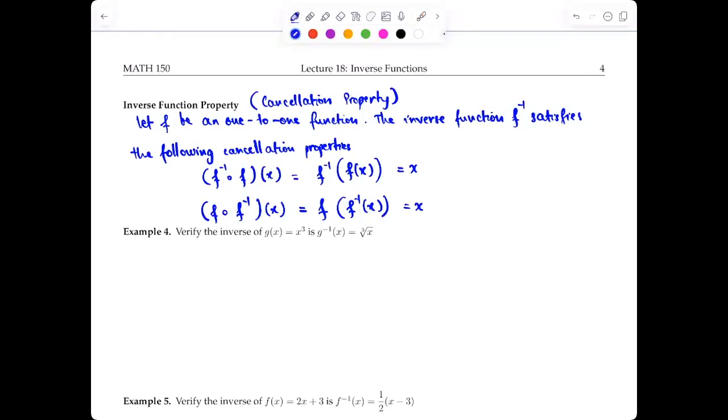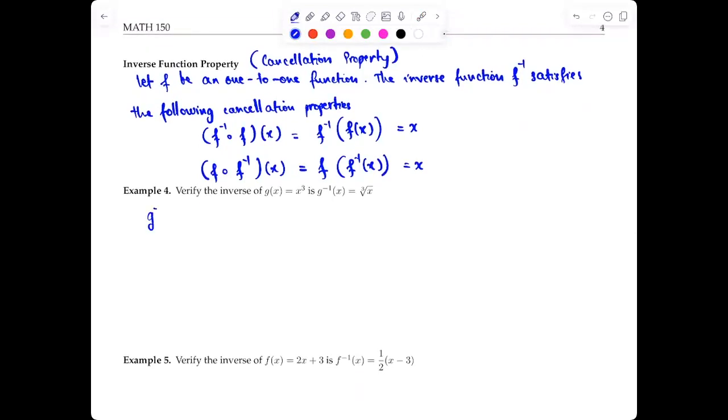So here you do g inverse composed with g of x, or g inverse of g of x. You get g inverse of x cubed. Very similar to what we did yesterday when we did composition of functions. Any questions up to this point?